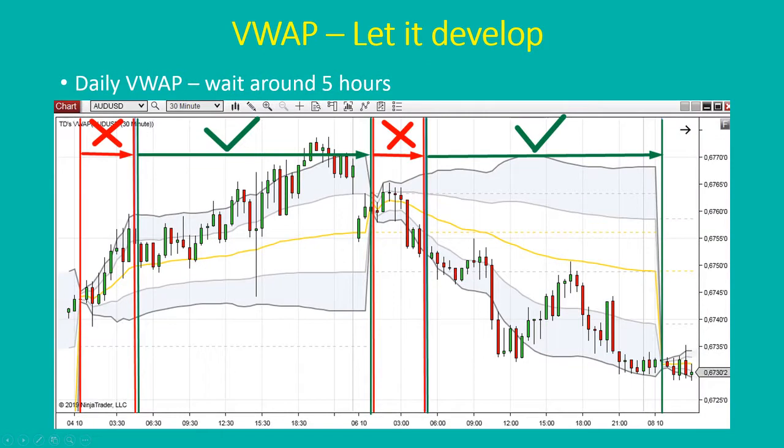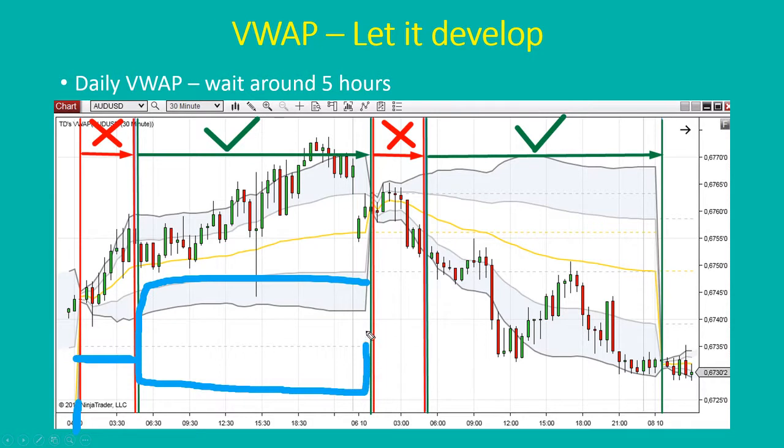This is daily VWAP. As I said, you need to wait roughly 5 hours before you start trading using this VWAP. So in here, the day started. This is the first 5 hours you don't trade the VWAP, because as you can see, it's developing and trading with it wouldn't be very effective. Then it develops in this area until the end of the day.